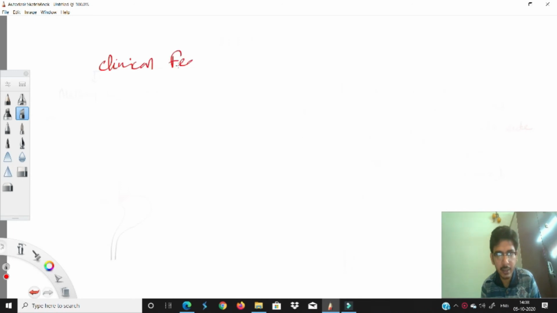Clinical features. First one, chest pain. Chest pain, mainly in the lower part of the chest, is majorly seen in case of Boerhaave syndrome.